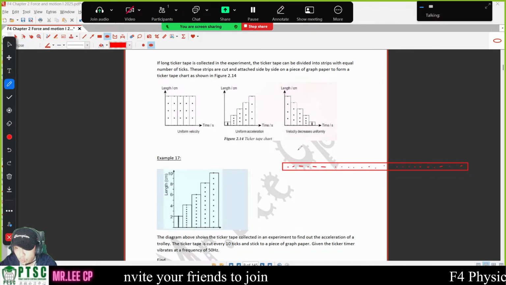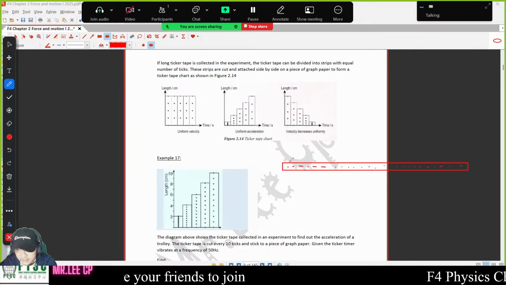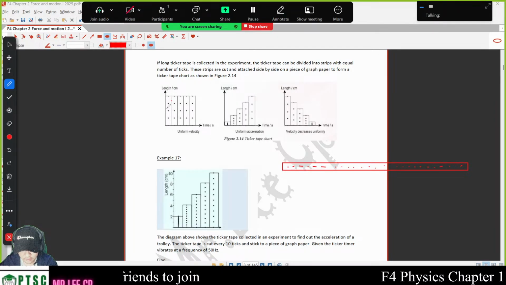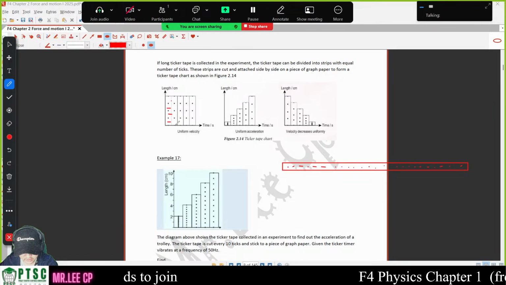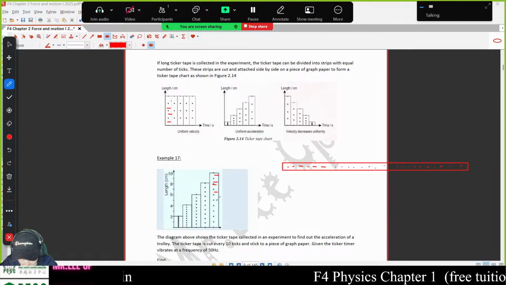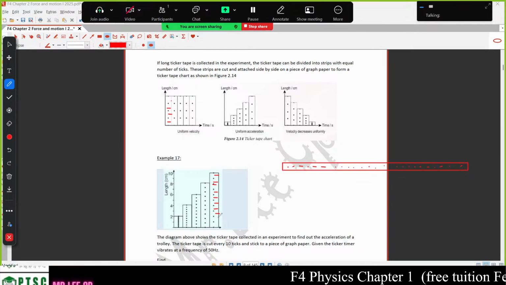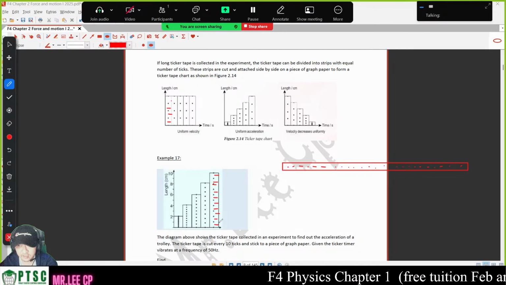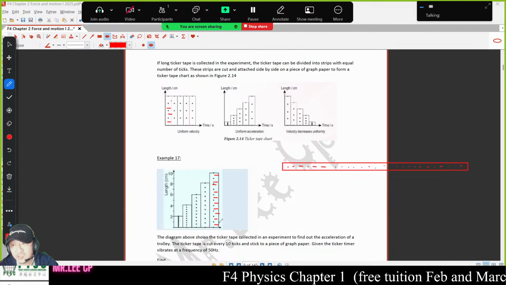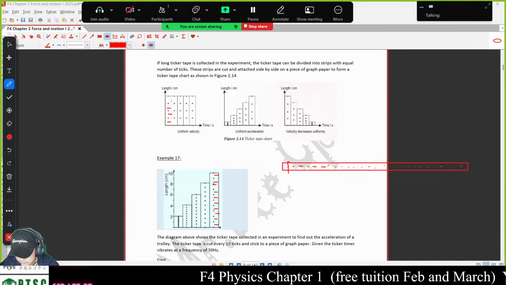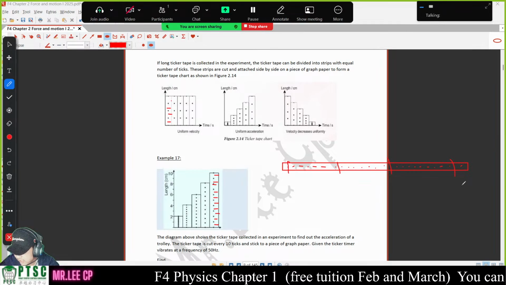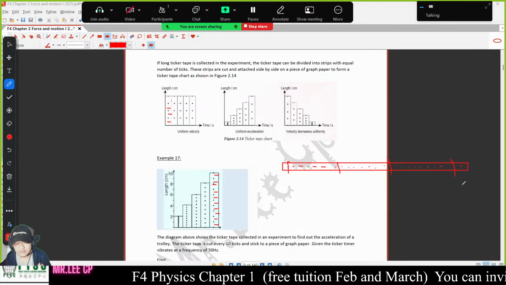Now when I collect, I can collect it into groups, like 1, 2, 3, 4 ticks together, or 10 ticks together. Normally we collect it as 10 ticks together.